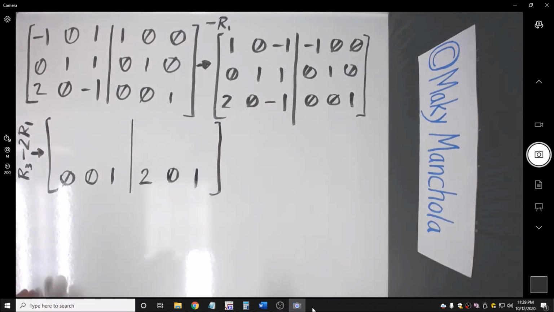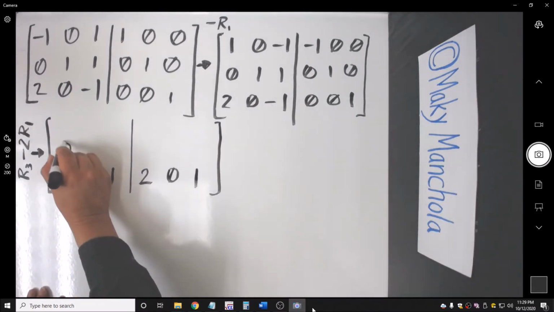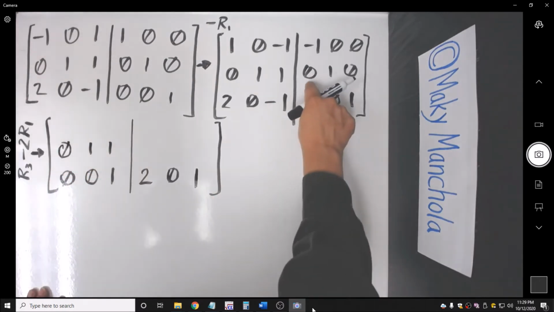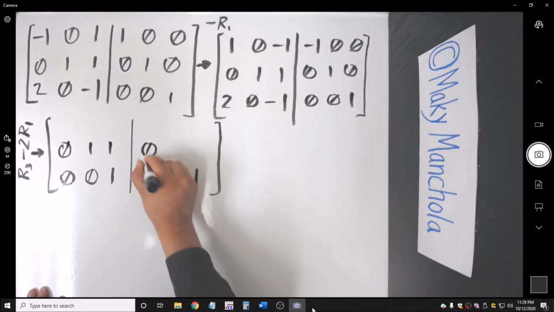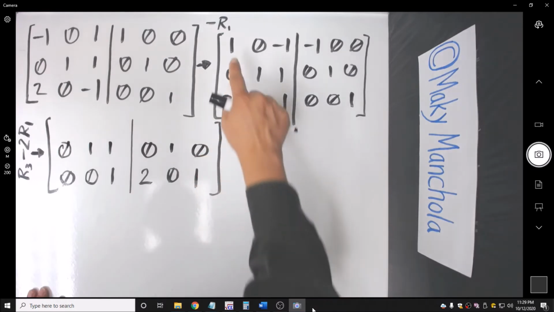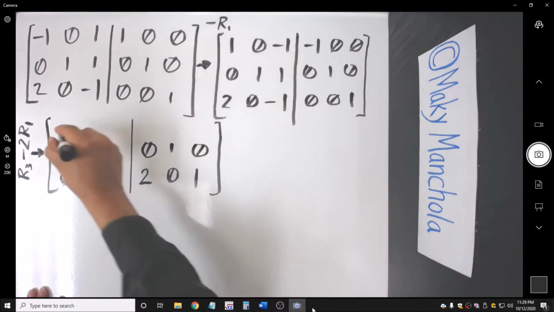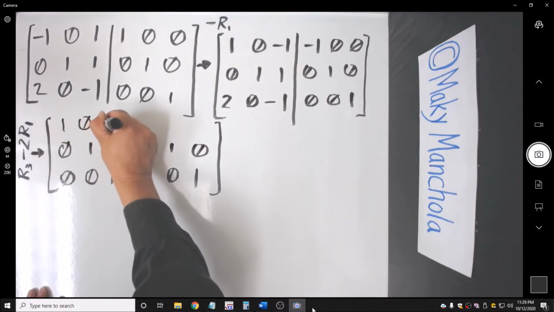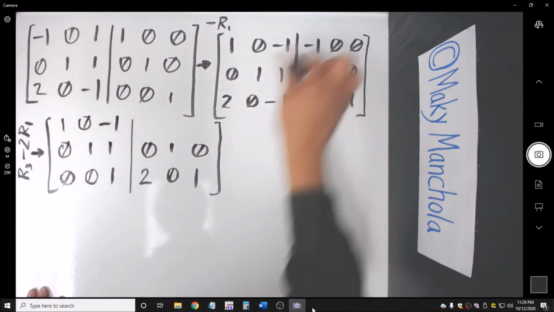Everything else remains unchanged. So that's 0, 1, 1, 0, 1, 0, 1, 0, negative 1, negative 1, 0, 0.